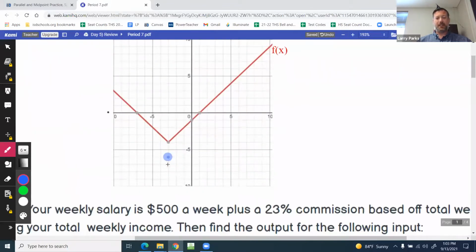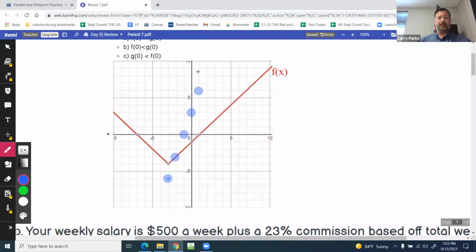So here's my vertex, and I'm going to go up 1, 2, 3 over 1. There's my x-intercept if they ask me. And continue that pattern. And I usually just fill in the whole graph. And then I'm going to do the same thing on the other side.